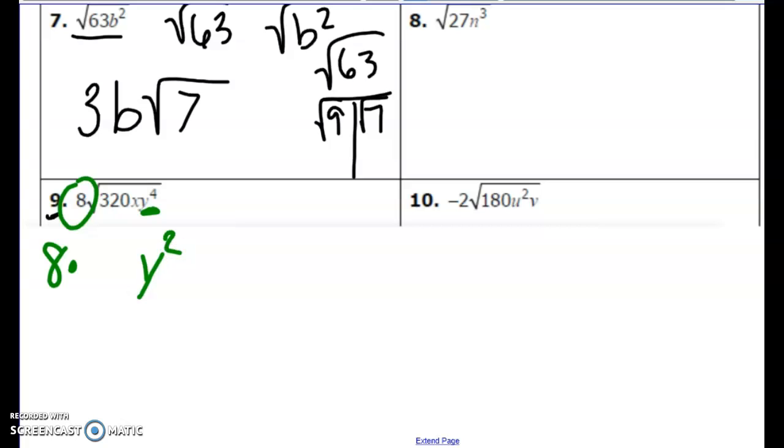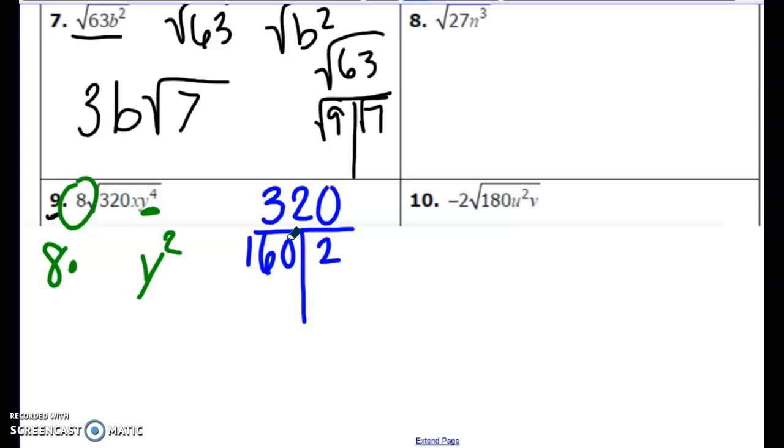So now I'm going to deal with the 320. What goes into 320? 2 times 160. Ooh, I see 16 goes in there.